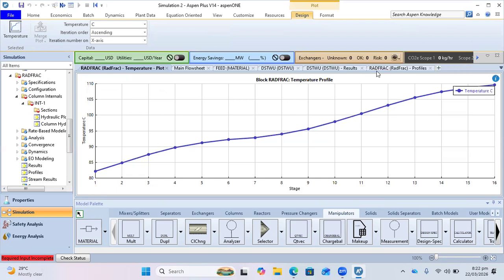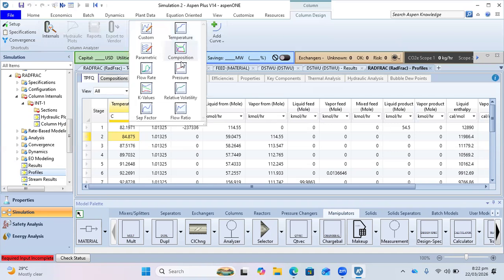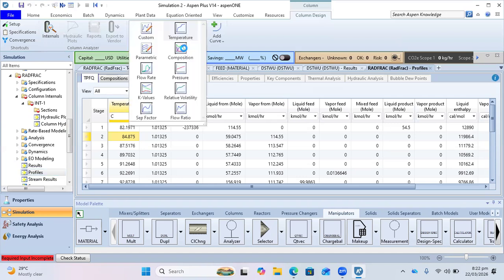So I'll come back to my RadFrac profiles. Then I'll click this drop down here so I can see the other things available. So we have composition, we have pressure. You can check pressure as well, right? You can check all those other things that are available to us, flow ratio and all of that. So for the concentration, we'll go to composition.